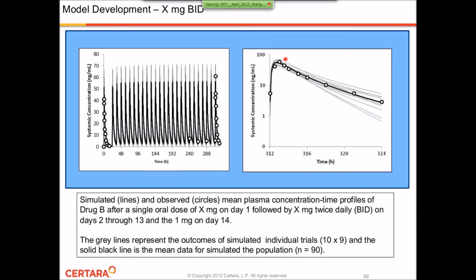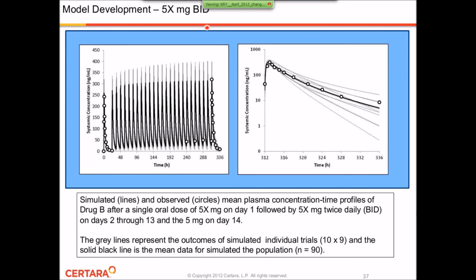And what we've done is simulated out different trials of individuals based on the number of subjects that were actually used in the clinical study and also the characteristics. And you can see certainly at this particular dose here, we were able to recover the observed data reasonably well. Again, when the dose was increased by 5-fold, a similar plot, this is the multiple dosing data, and this is the actual semi-log plot shown on the last day.